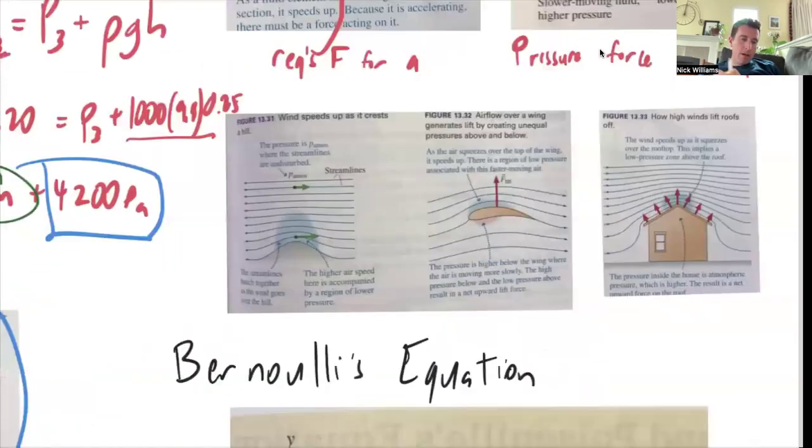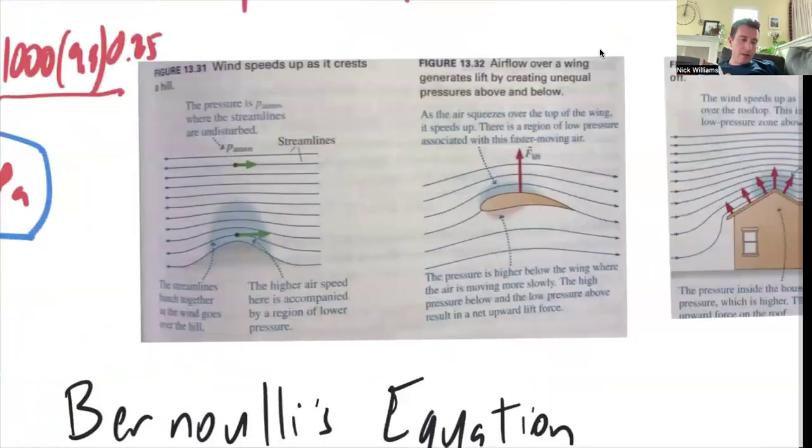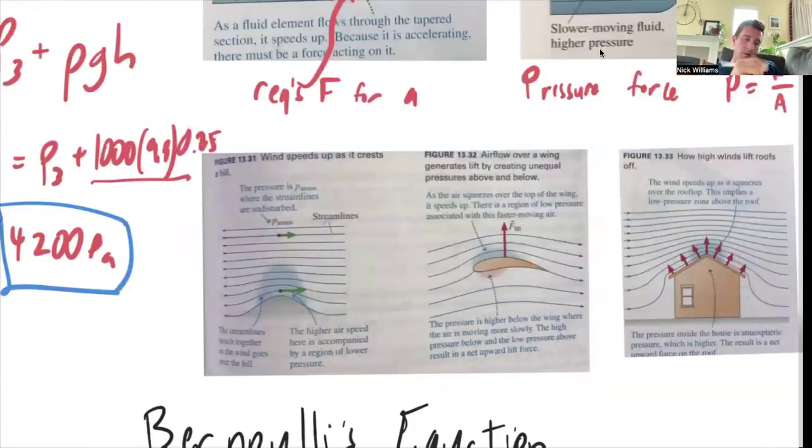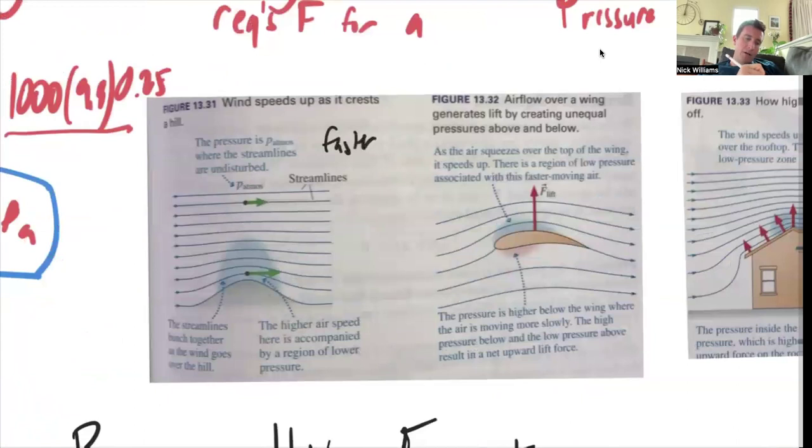All right. I can also do this for streamline fluids. So if the streamlines are getting closer together, that's an indication that I have lower pressure. It's going faster. So faster equals lower pressure. And I also see that by closer streamlines.